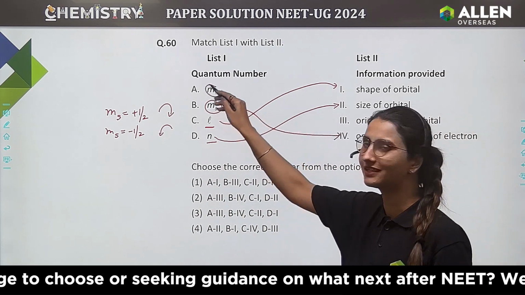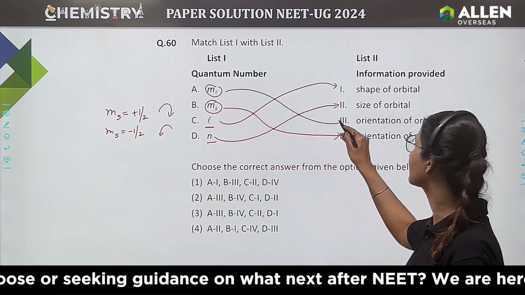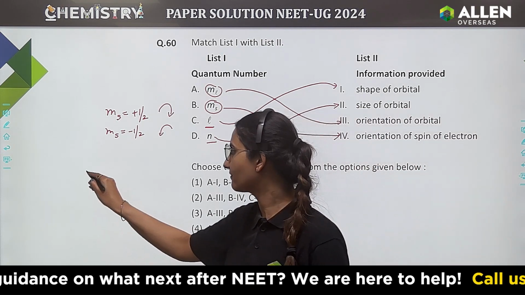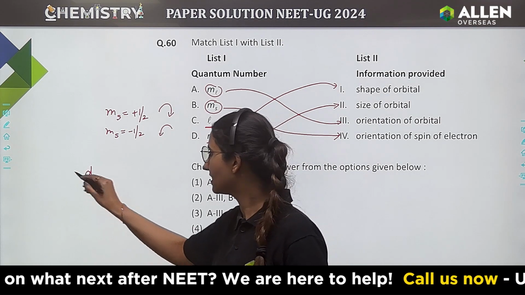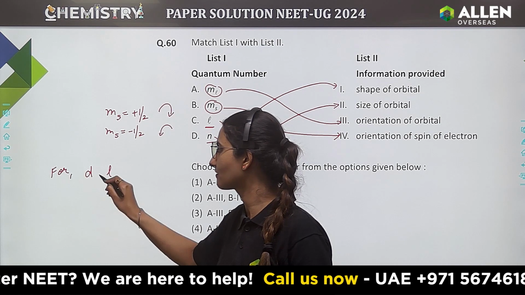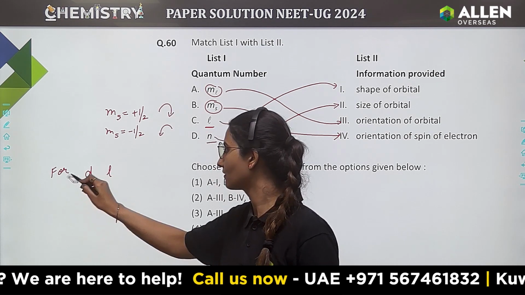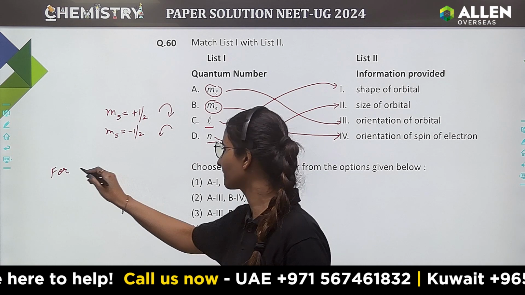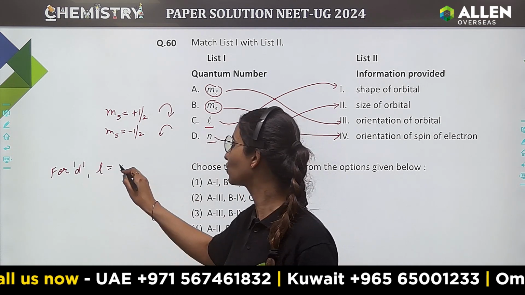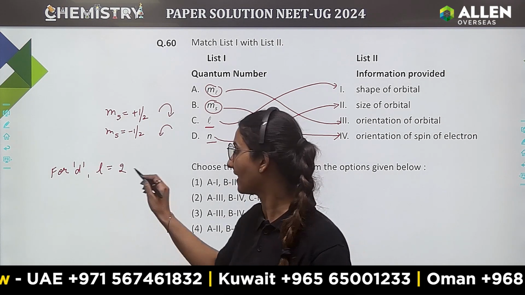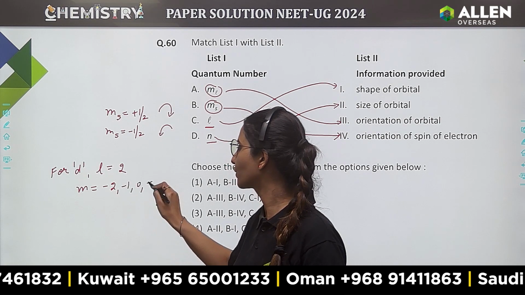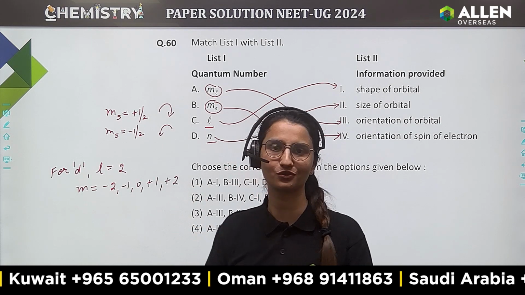Lastly, what does ML tell you? It tells you about the orientation of the orbital. Because do you remember, for the D subshell, what is the value of L? It is 2. And if L is 2, the M value ranges from minus 2 to plus 2.